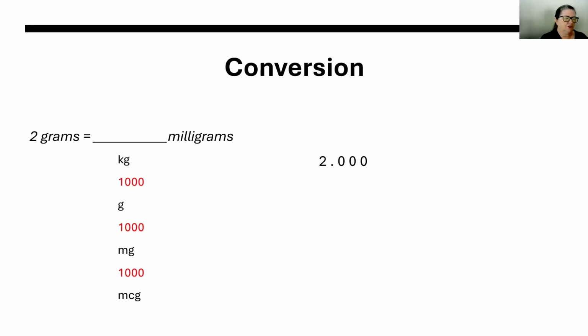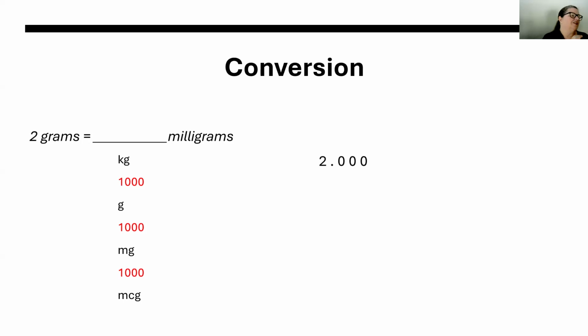So if you start at the bottom, you can actually say that there are 1,000 micrograms in a milligram. That is true. There are 1,000 milligrams in a gram. That is true. And there are 1,000 grams in a kilogram. That is also true. Bear with me. You'll see why this is important.